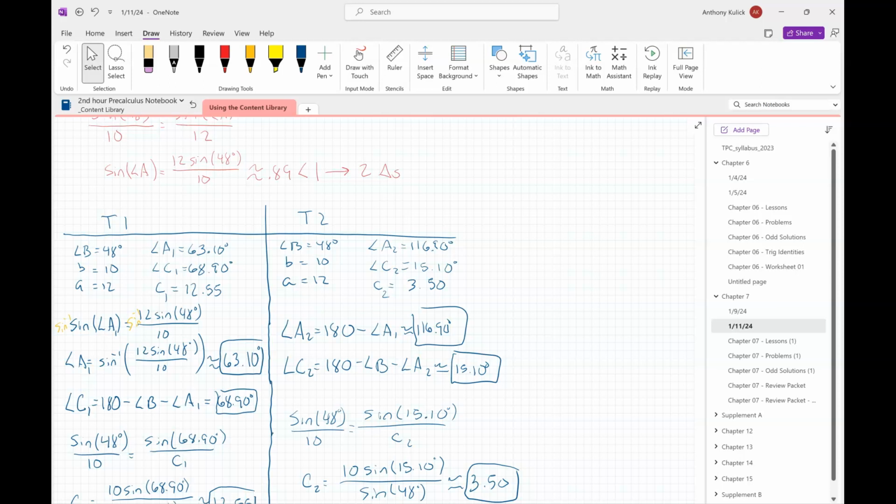Looking at triangle 2, my smallest angle is C2. My smallest side is C2. My medium angle is B. My medium side is B. My biggest angle is A2. My biggest side is A. So again, that all makes sense. So at this point, we should be pretty confident that we have the correct outcome here. Is everybody okay walking through this?